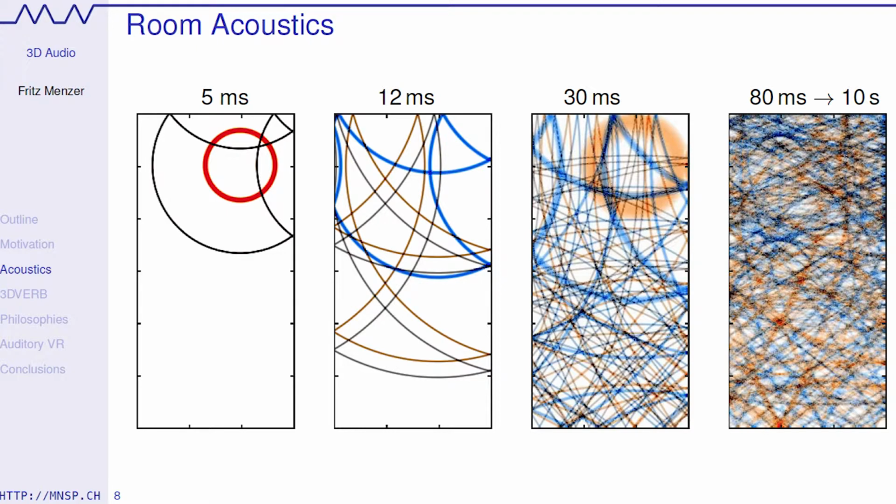That represents the original signal that is emitted from a sound source inside the room. So you can imagine how this evolves. It's reflected and reflected again and so on. And you see what is happening in the room at 5 milliseconds, 12 milliseconds, 30 milliseconds, and basically 80 milliseconds and greater. It's just a mess. You don't find much structure anymore in it.